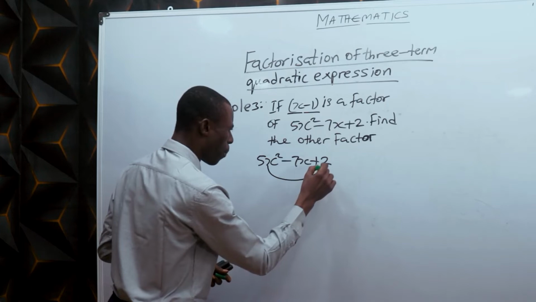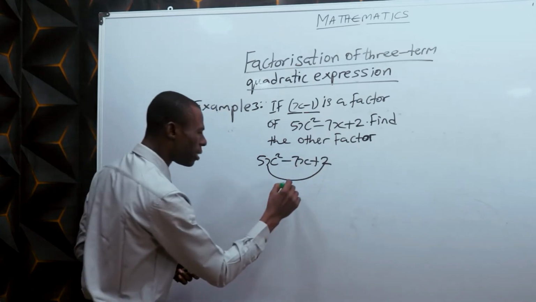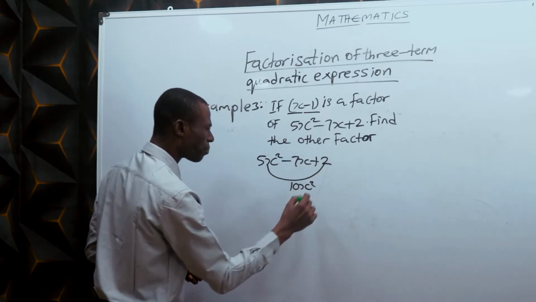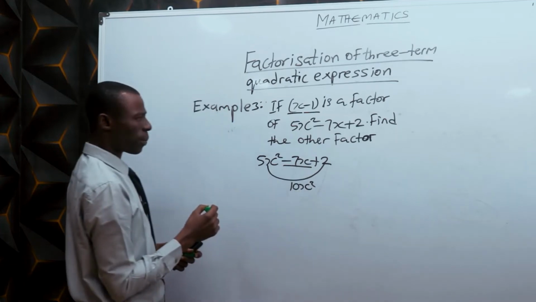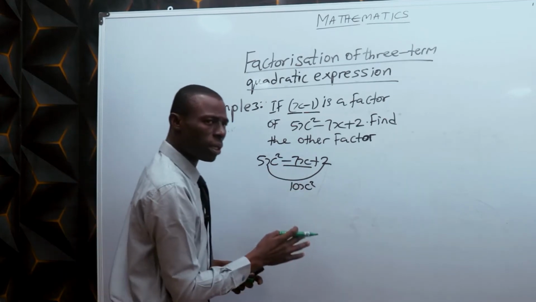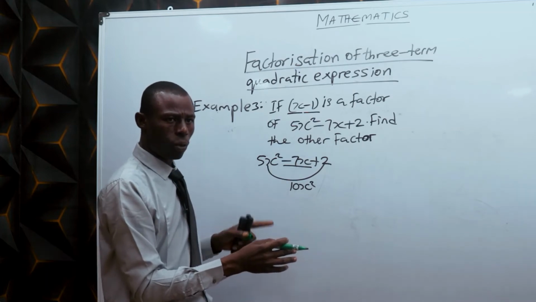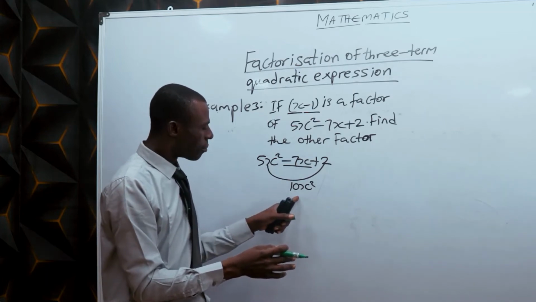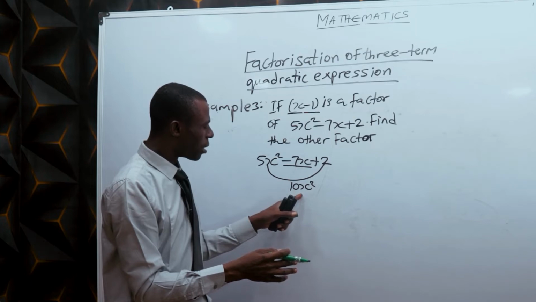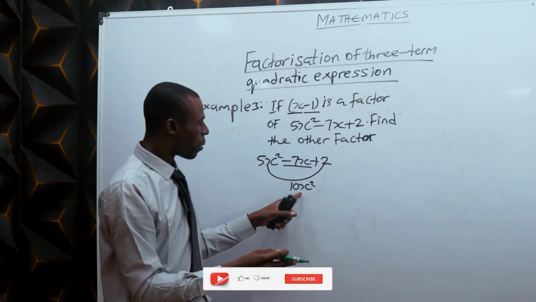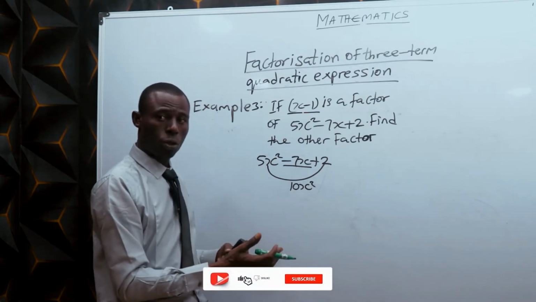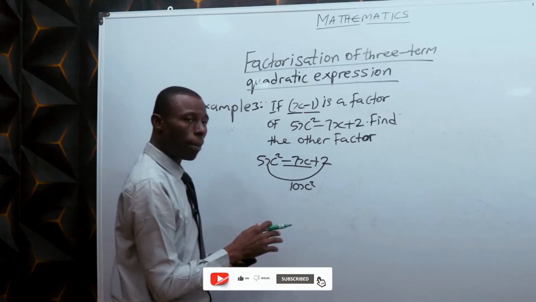Multiply the first and last term together. That gives us 10x squared. Underline the middle term. This middle term, minus 7, is our first target. The coefficient of the product of the first and last term is also another moderator.